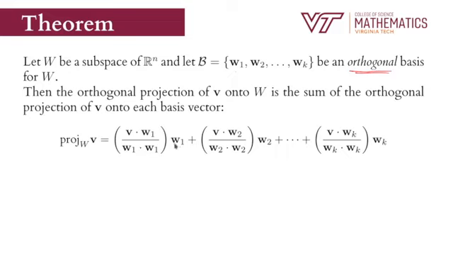We project V onto W1, we project V onto W2, we project V onto W3, W4, W5, however many W's we have in the basis, and we just add them all together. So projecting onto a plane, which is a span of two vectors, we just do two individual projections and we add them together. So it's not more complicated than projecting onto a vector. It's just longer because we have more directions that we have to cover.